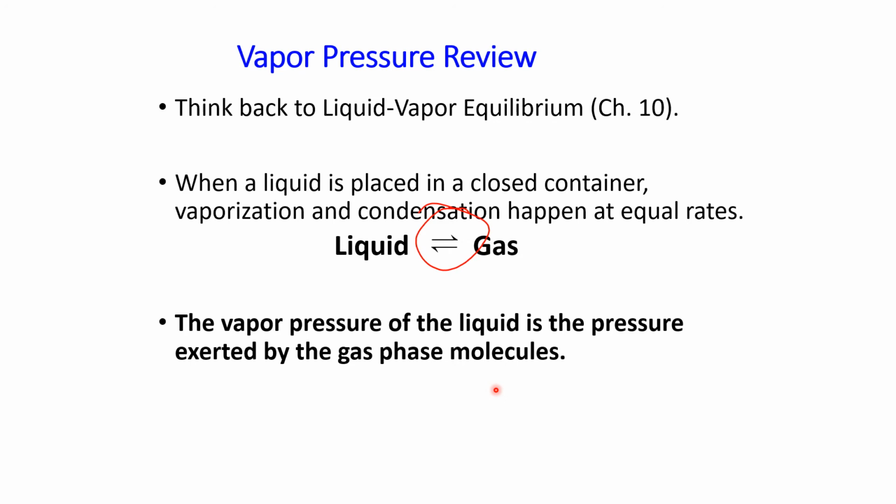There will be a certain amount of HCl molecules in the gas phase, and they exert a gas pressure, just like we talked about with the gas laws, just by pushing up out of the solution. Because remember, it's always an equilibrium. Some of them are going to gas and some of them are going to liquid because of that Boltzmann distribution.